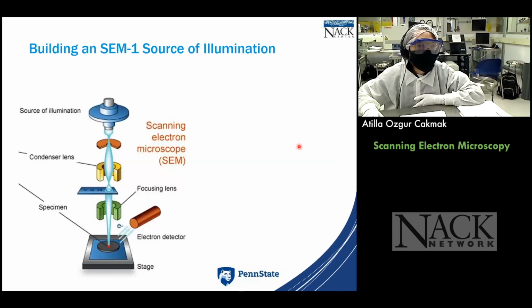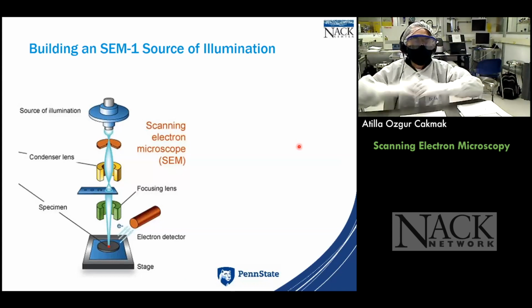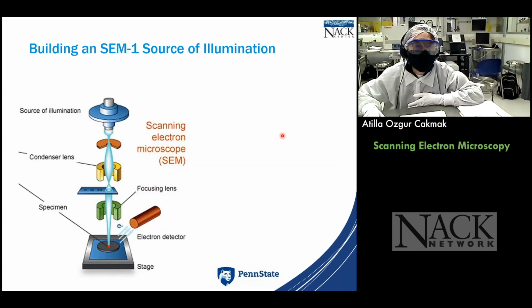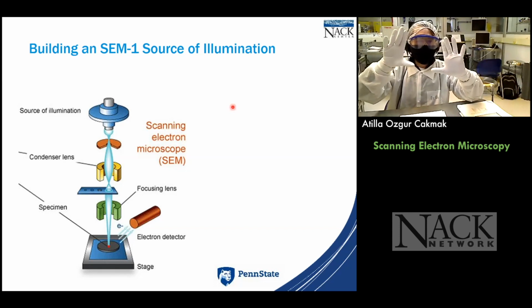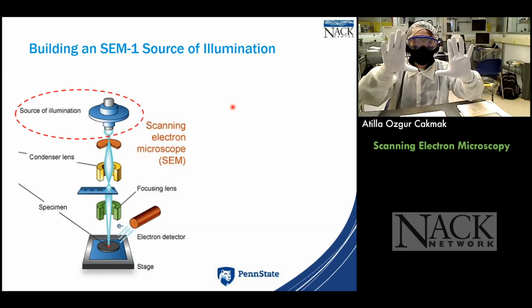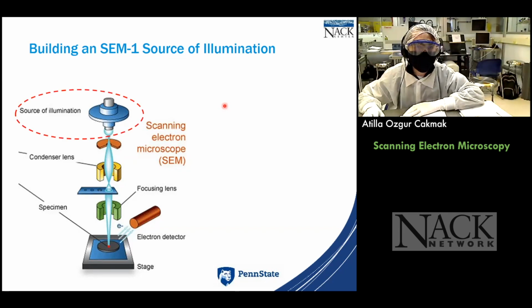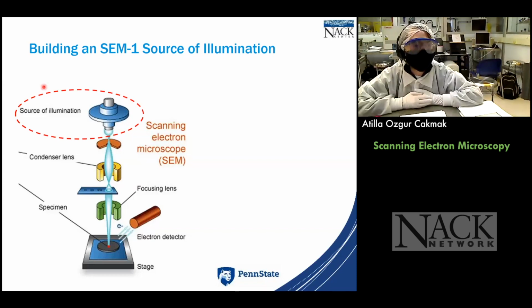All right. Now, very briefly, let's look into the components in the electron microscope, particularly the scanning electron microscope. We have this tool here that we're investigating, and let's divide and conquer. Let's concentrate on it part by part, in smaller and easy-to-analyze components. First, the source of illumination. We need a source of illumination, right?